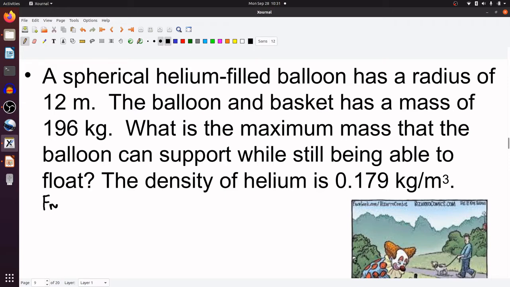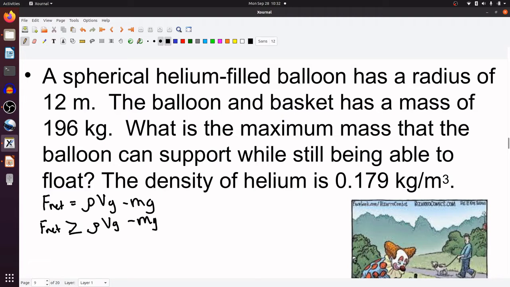We have F net is equal to rho Vg minus mg. So we need to figure out the net force, but what we're looking at is that we want this to be just greater than, or at the point where it's neutral, greater than or equal to rho Vg minus mg.